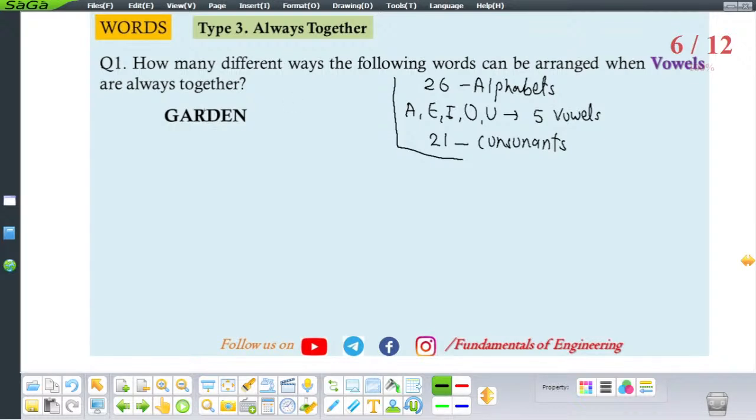Now the word GARDEN: we have to arrange it such that the vowels always come together. Among this word, how many vowels are there?